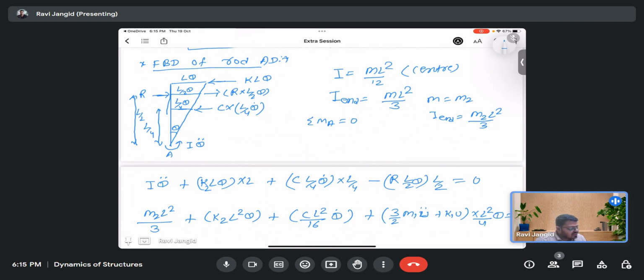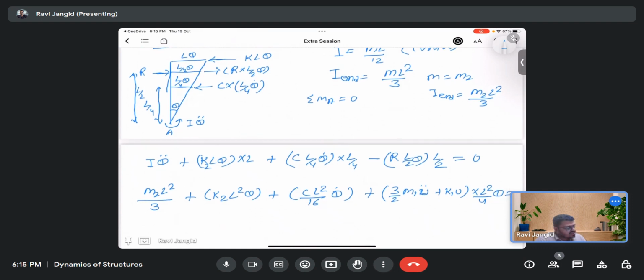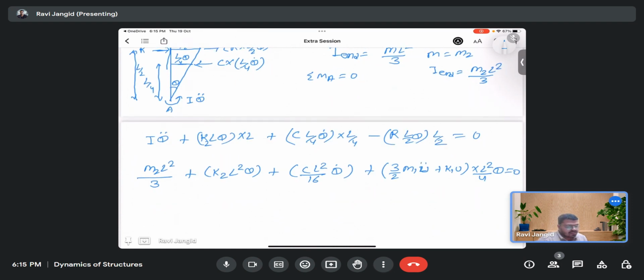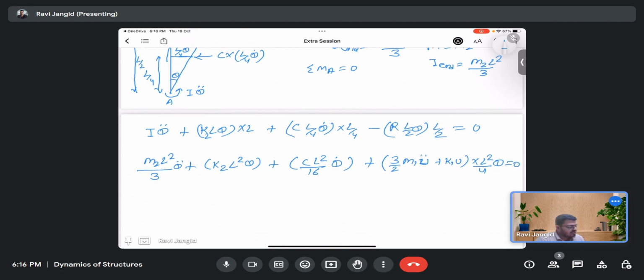If I further simplify this equation, theta double dot will also be here.